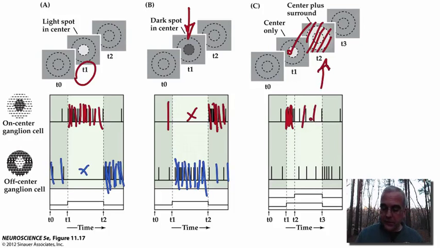And the same sorts of relationships would be seen for the off-center cell. The off-center cell stops firing with the presence of light in its center, and with more even illumination, it now begins to fire just a little bit, but not as much as when the dark field is once again returned, when the light goes off.